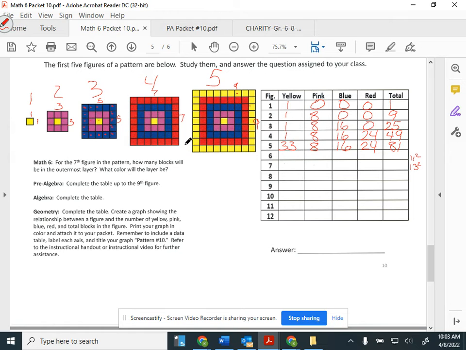So we had 4 of 1 yellow. We had 4 of 8 pinks. So we need 4 of the 24. We need 4 of the 16. We need 4 of the 33. Because it doesn't jump up till every 4th. Right?